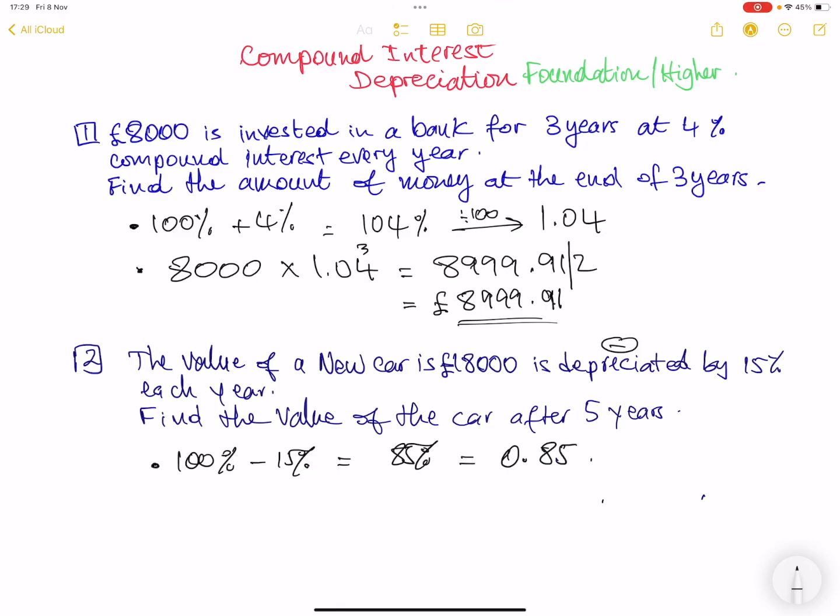And then you do 18,000 multiplied by your multiplier to the power of the number of years, which is 5. Yeah? And just type this on your calculator.